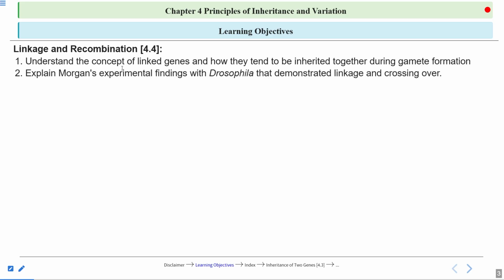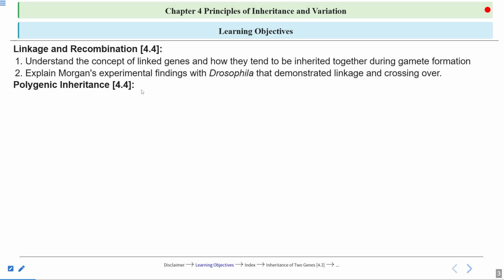Then, with the help of Morgan's experiments on Drosophila, by which he coined the terms linkage and recombination, we'll discuss Morgan's experiments as well.